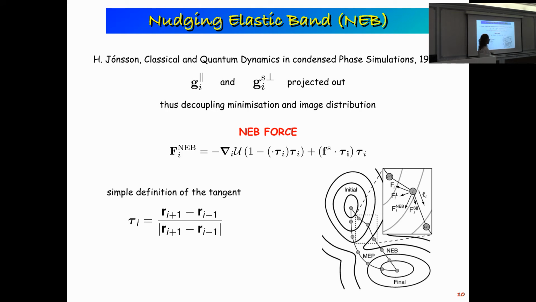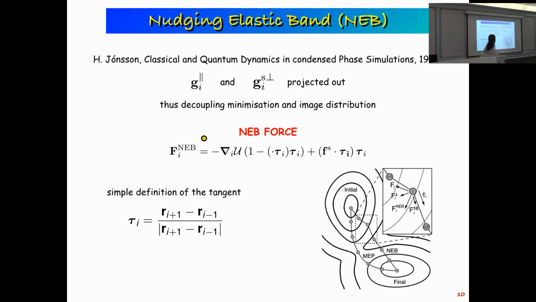And there are several flavors of the nudged elastic band method, and they differ by the definition of the tangent to the band at each bead position, at the image position.